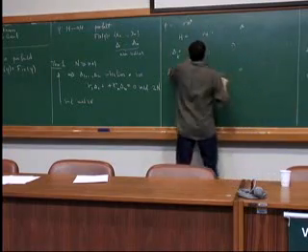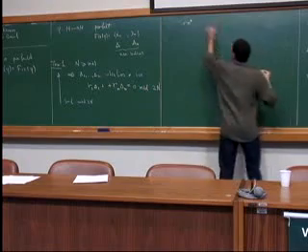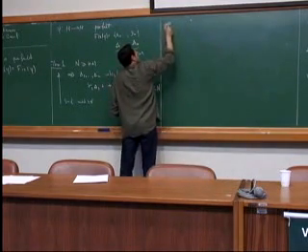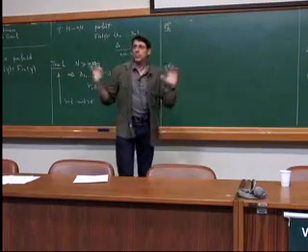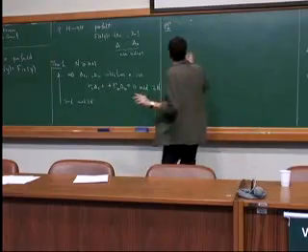So, proving this theorem, I will assume for the sake of simplicity that phi is non-degenerate. It's purely a technical assumption. It's not really needed. It's just easier to talk about.